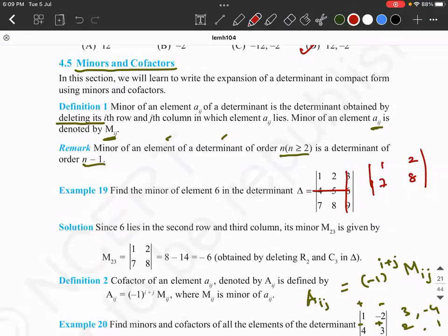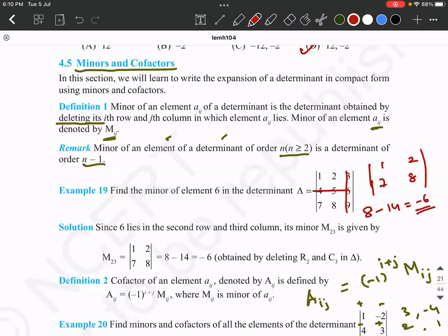Then what is the determinant of this one? 8 minus 14, you are going to get minus 6. So minor is going to be a number which is obtained by finding the determinant of that square matrix which you obtained by ignoring the elements in the corresponding row and column. I hope this has registered.